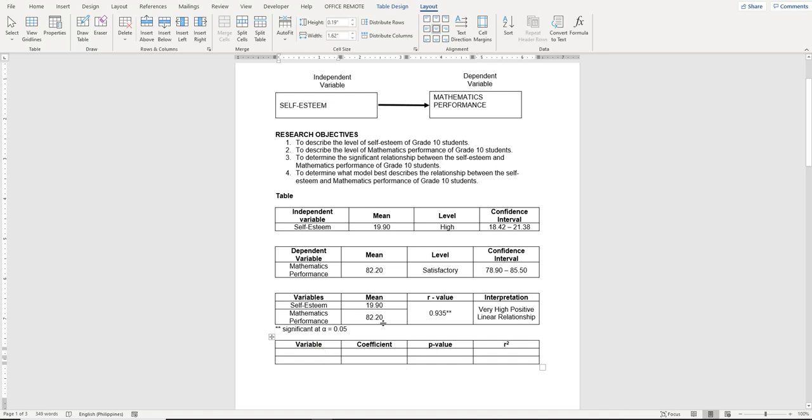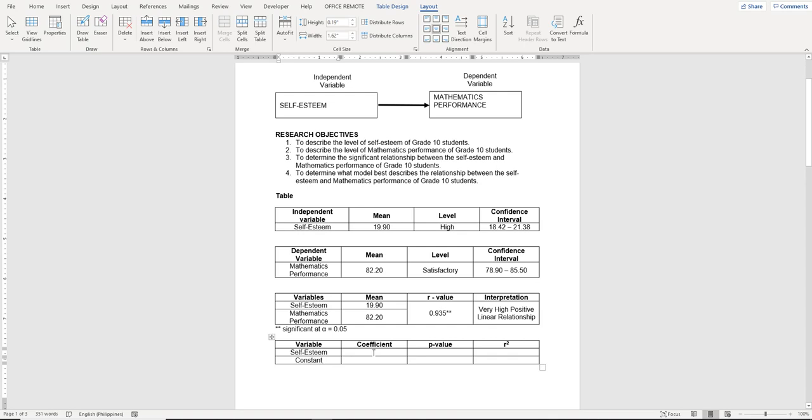So here our variable, we have self-esteem. And since we are going to have a linear model, we have the constant. The constant here is actually the y-intercept of the linear model.